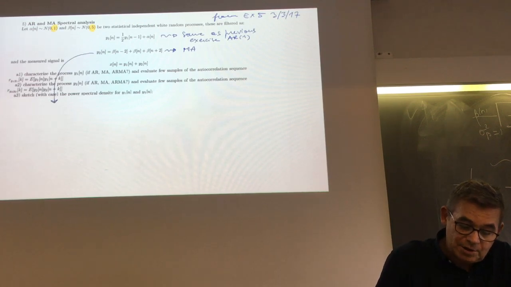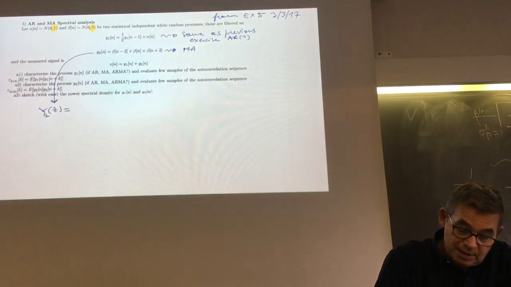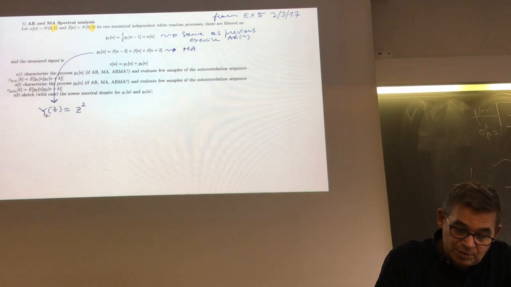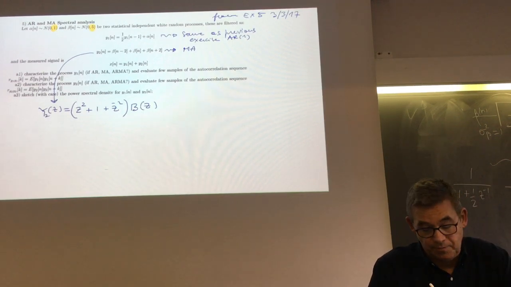Y2 of z is equal to z to the power 2 plus 1 plus z to the minus 2, multiplied by the z-transform of beta, B of z.